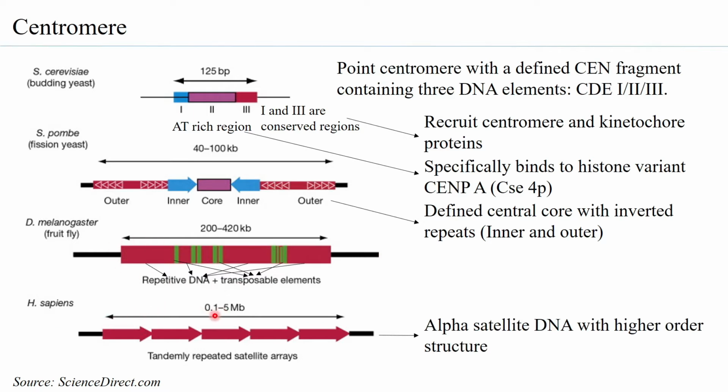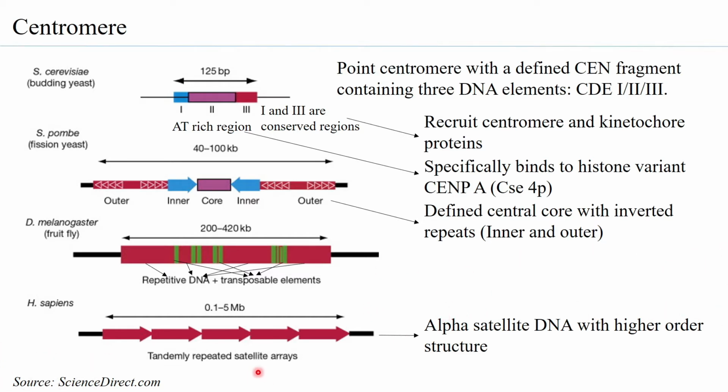So anywhere from 0.1 to 5 MB is a centromeric region, and this centromeric region has tandemly repeated satellite arrays. When you call it a satellite, it is basically repeating. We know that a satellite moves, you have a period, so every few base pairs you will find the repeat there.